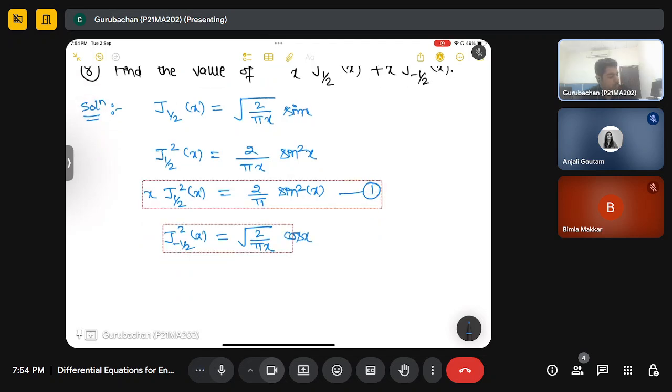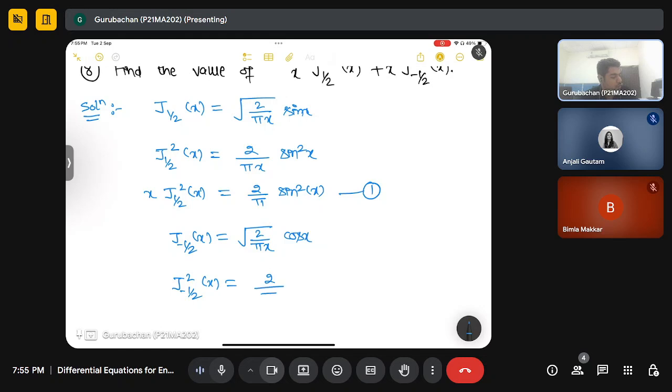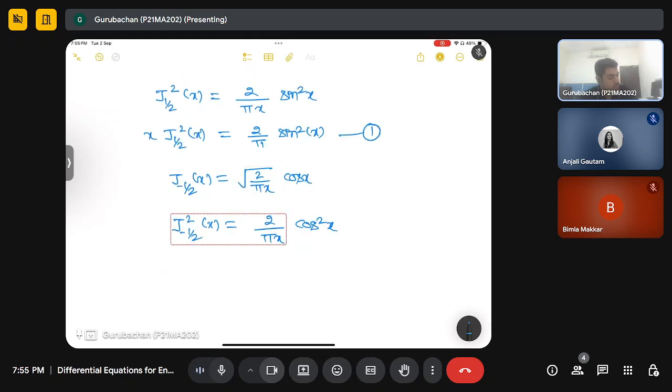Sorry, this is the J_(-1/2)(x) value, not its square. Now squaring it, you get 2 by pi x cos square x. This gives x J_(-1/2)^2(x) equals 2 by pi cos square x, equation number 2.